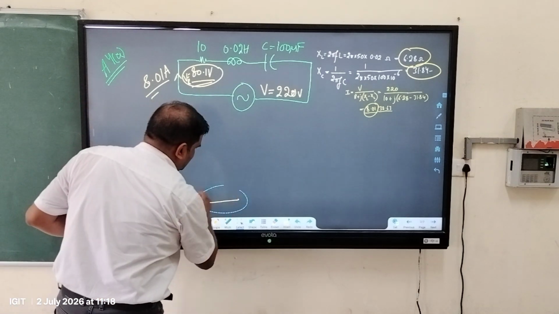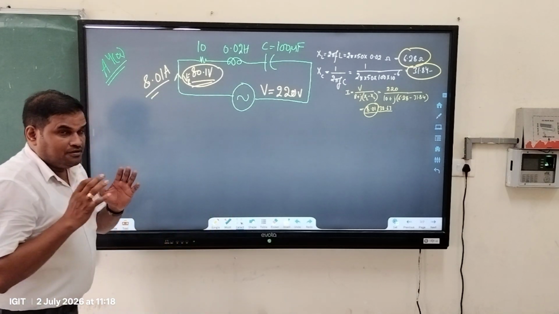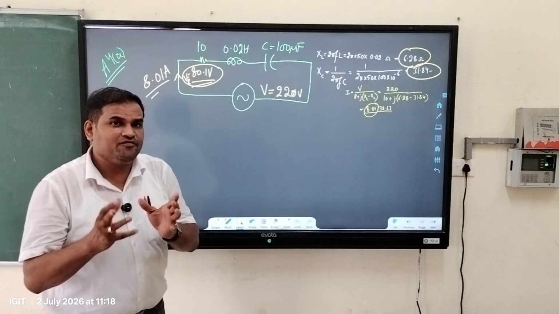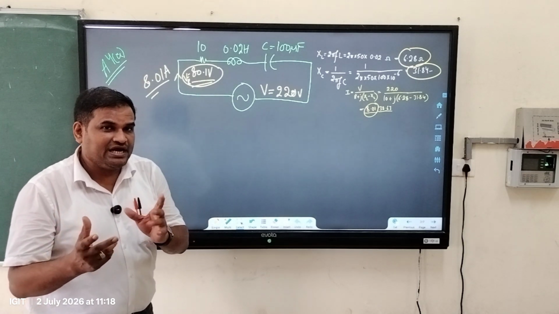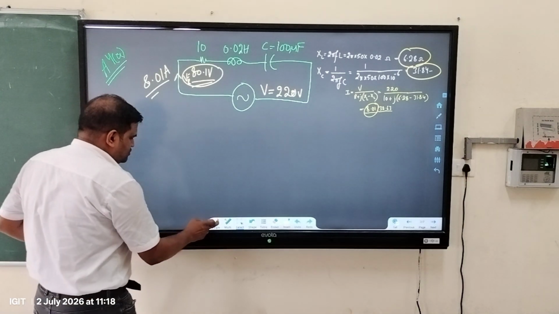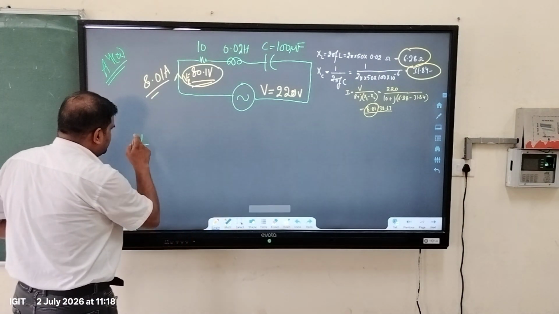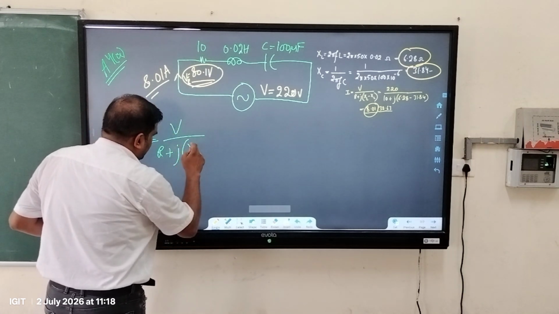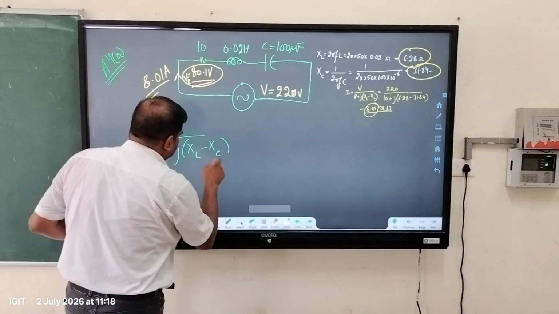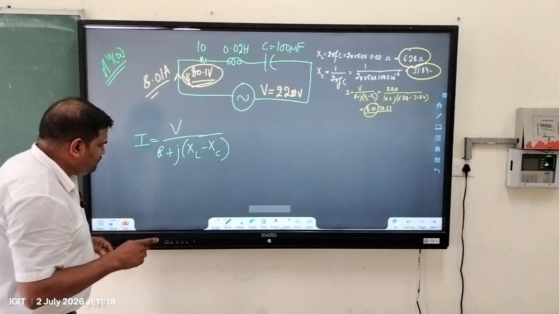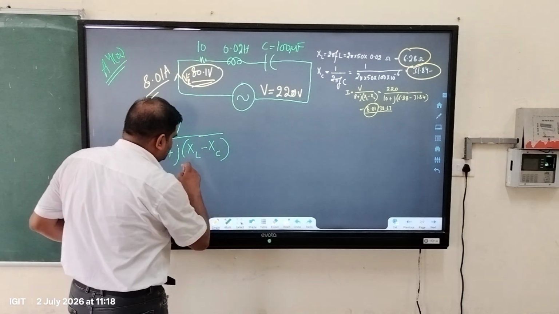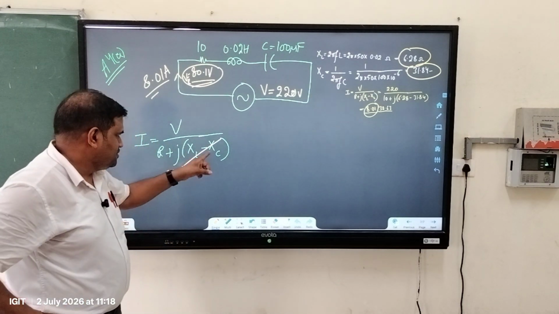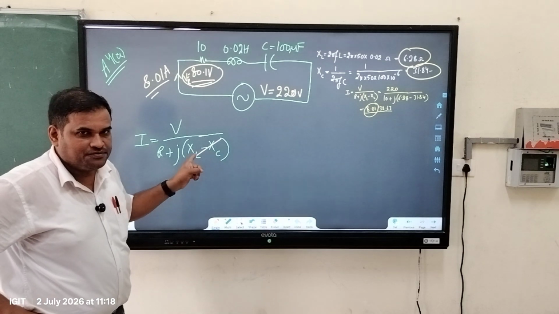So the examiner is asking at what frequency the current will be maximum. We know that the current is equal to V divided by R plus J times XL minus XC, correct? This is the formula. If I remove this term, then the current is maximum, because this is the only odd man out.